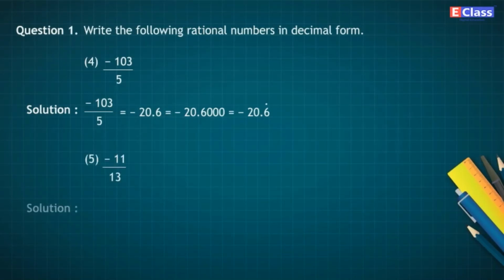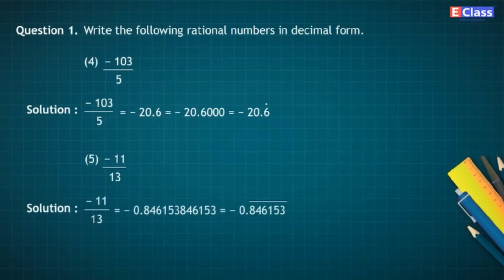Minus 11 by 13. Solution. Minus 11 by 13 is equal to minus 0.846153, which is equal to minus 0.846153 bar.